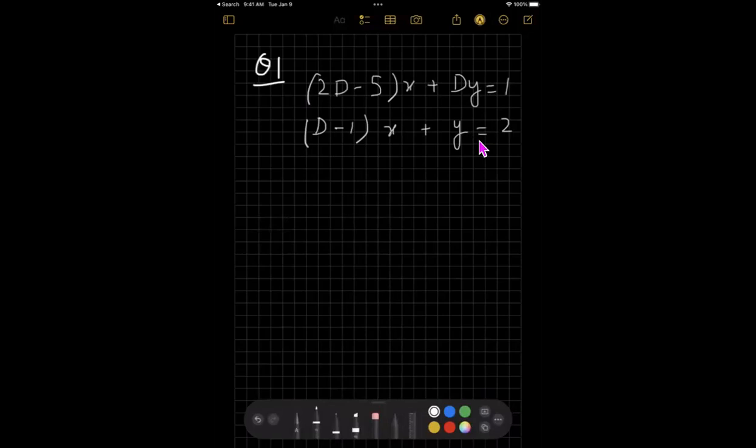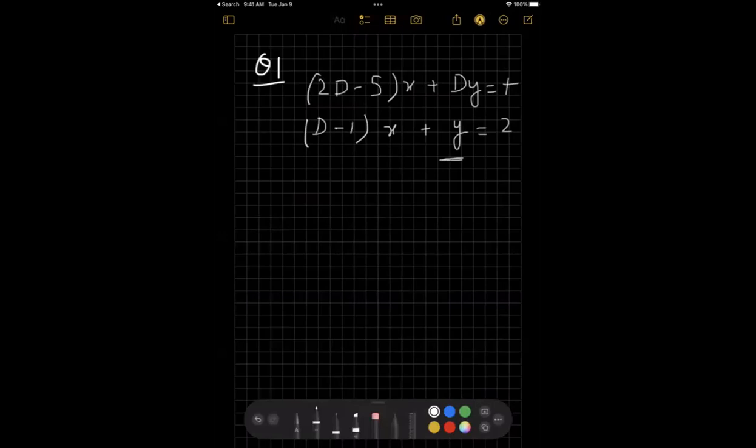What do you think, how will we do it? Someone suggests: multiply the second equation by D and subtract it from the first one. Yes, we will. It is D, not 1. So let's multiply equation 2 with D, since we have y here.